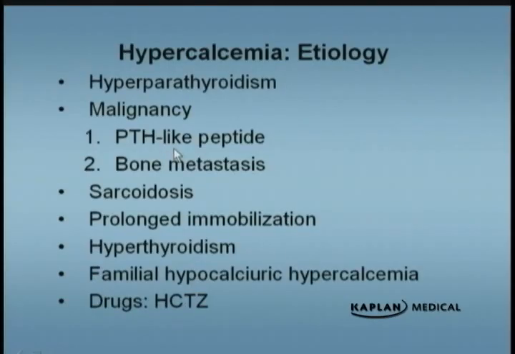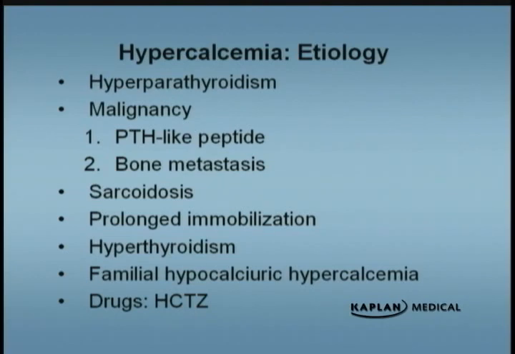But the other one that we also see, which is very interesting, and they ask us a lot on the boards, is this thing called parathyroid hormone-like peptide that is secreted commonly from squamous cell cancer. Squamous cell cancer usually of the lung, but you could also have squamous cell cancer of the esophagus and head and neck area.